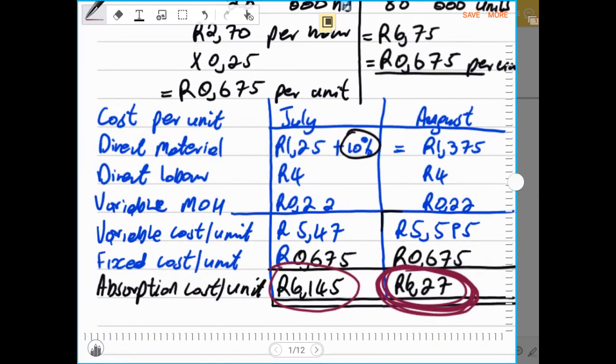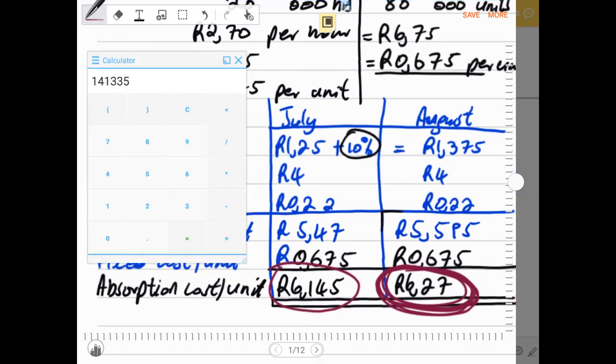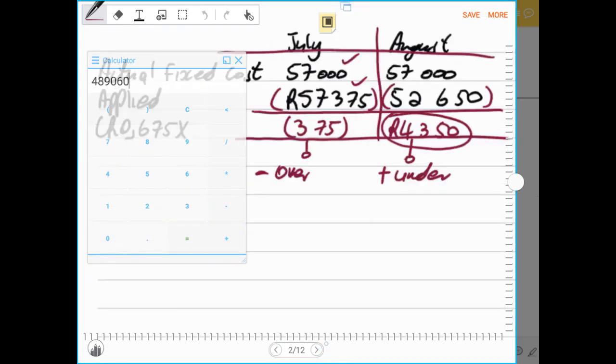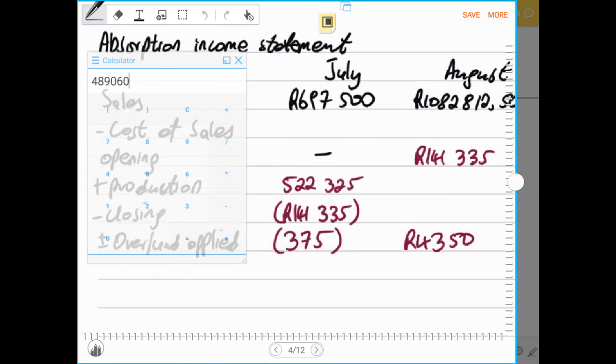So now we are doing that calculation immediately. 6.27 times 78,000, which is production of August. Then that will give us the production for the month of August. Then we record that under production, and it will be the total of 489,060.